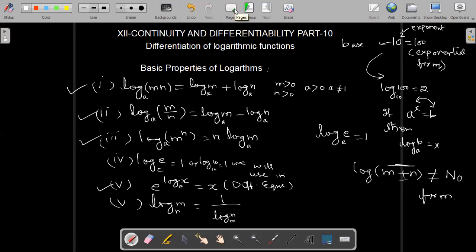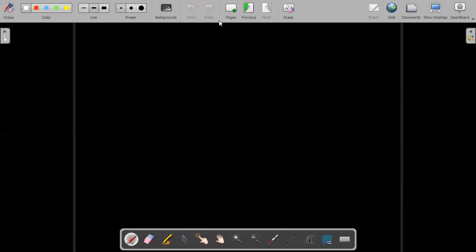Correct? So what are the conditions when we have to use log to differentiate? Why can't we differentiate directly, and when will we understand that we have to use the log before differentiation?